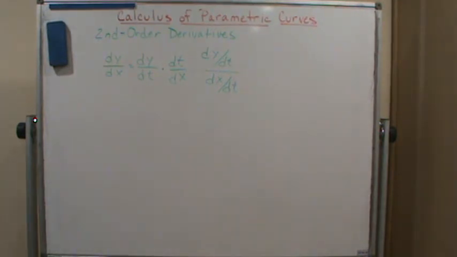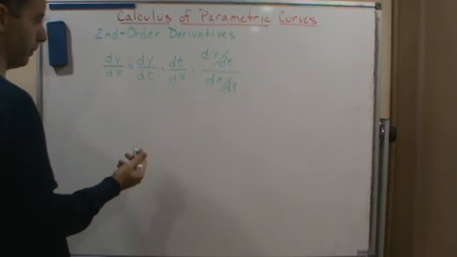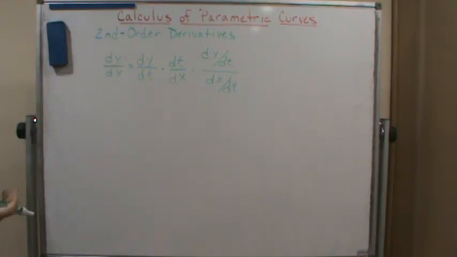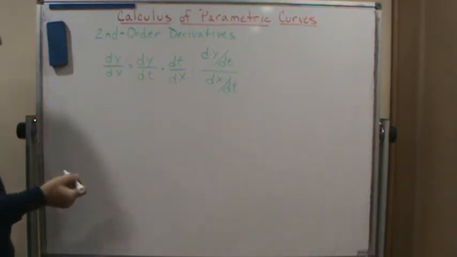Now, we're talking about the second derivative. So now we want to take the second derivative of the parametric equations. That's what we call the second order derivatives. So how do we get there?